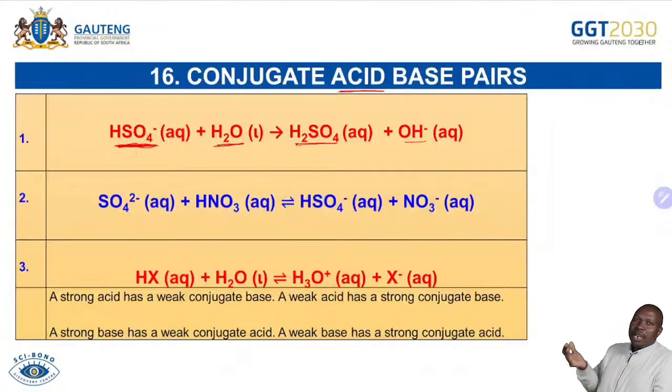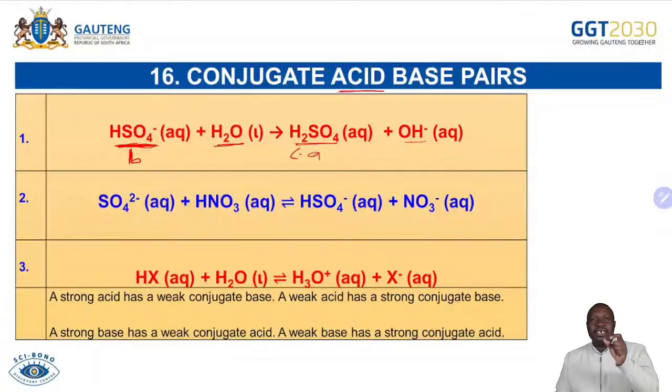The one with one hydrogen ion less would be a base. So in this case, HSO4 minus is a base. H2SO4, we know sulfuric acid is an acid, but because it's on the product side, we're going to call it a conjugate acid. So we have a base and its conjugate acid, and the difference is a hydrogen ion. I hope you got that correct.